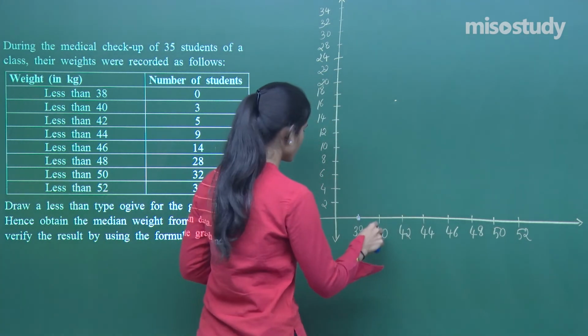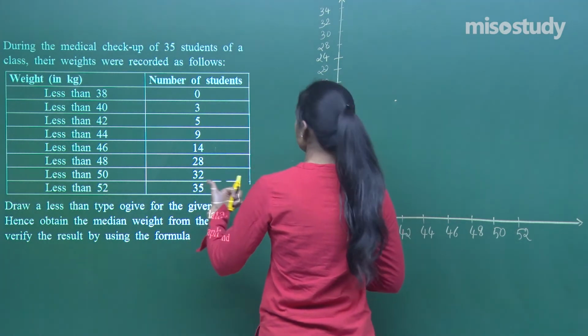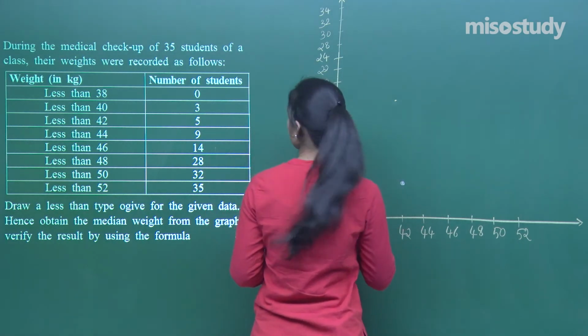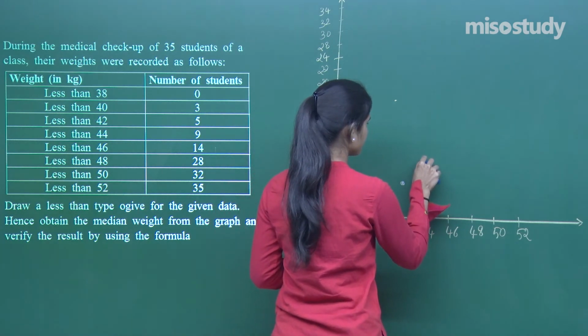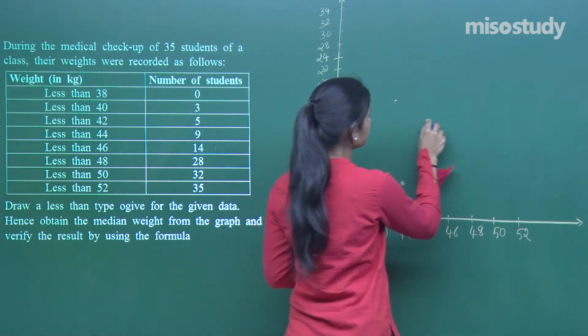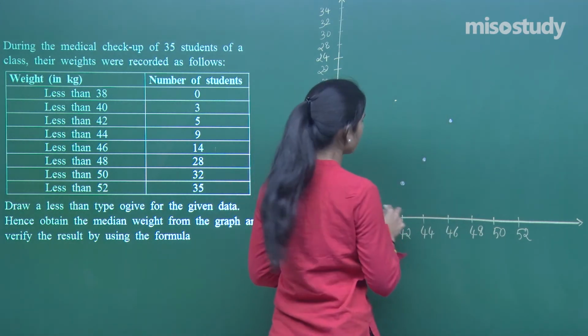40, 3. So you have 40, 3. Then you have 42, 5. Then you have 44, 9. Then you have 46, 14. Then you have 48, 28.